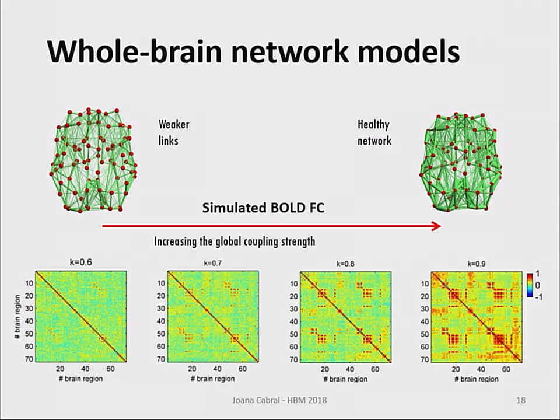Obviously, if we keep increasing the coupling, we'll see more correlated activity. So if the coupling is very weak, the functional network will be more random. The structural connectivity is the same, it's just the global coupling strength, something related maybe to synaptic connectivity, that will make the modules or the structure more evident or less.